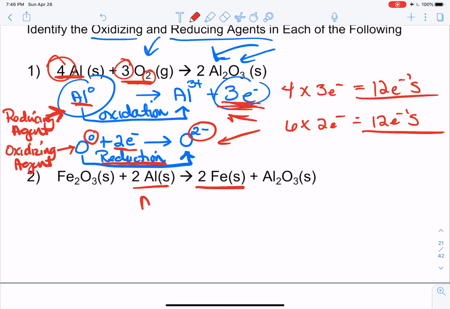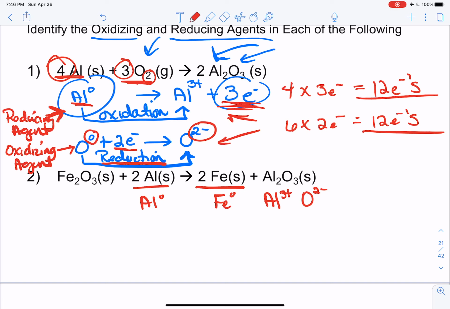And so we've got Al, 0 charge, iron, 0 charge. And then again, we have aluminum oxide here. And what we have is we have Al plus 3, and we have O minus 2. Obviously, we have 2 Al plus 3s and 3 O minus 2s.